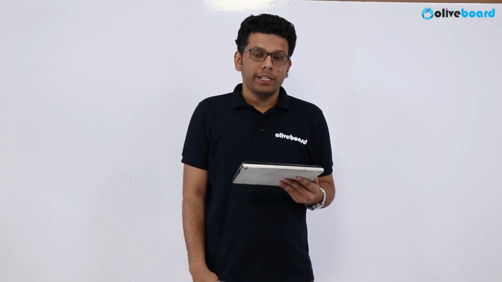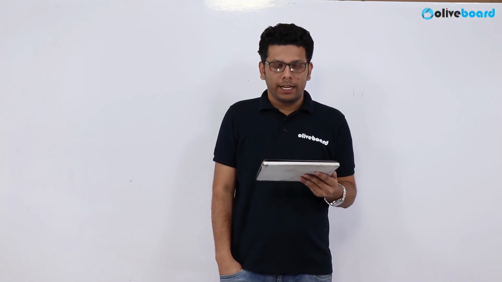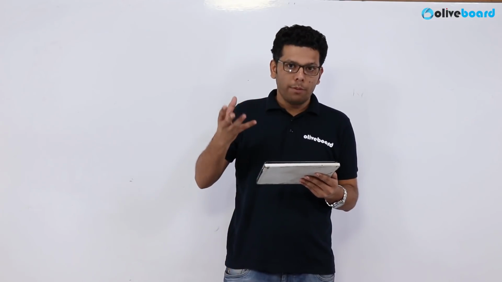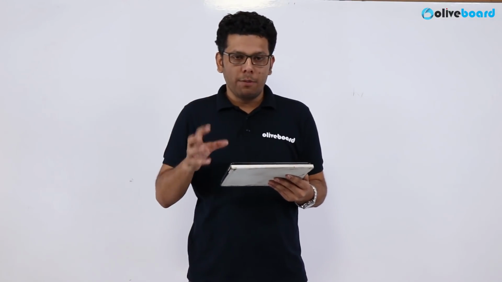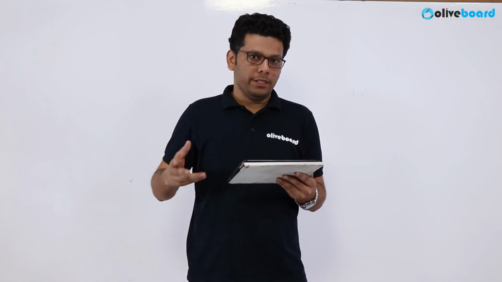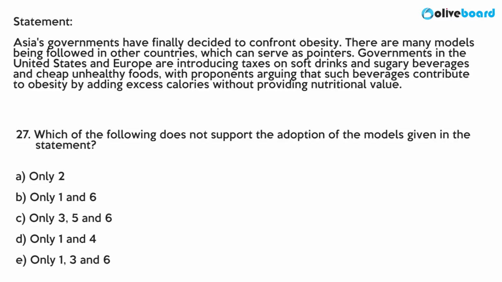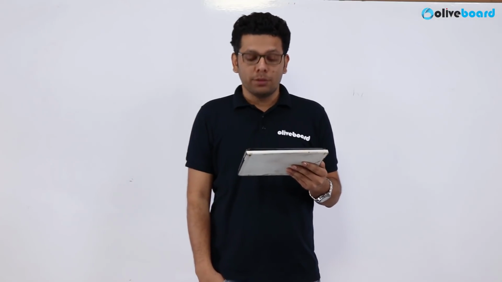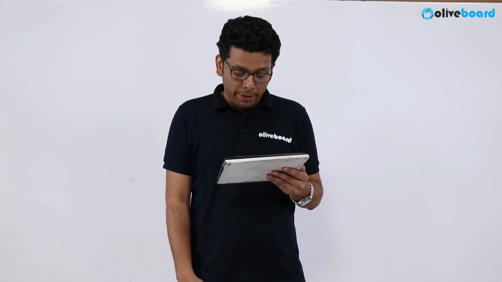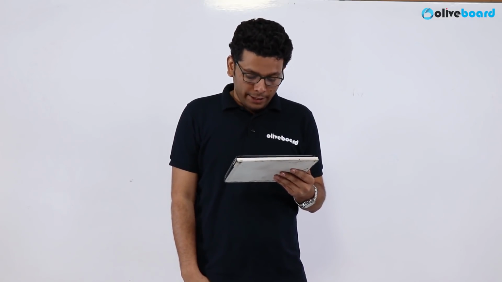Our next question is again based on the previous paragraph, about the sugary foods, taxation and obesity. In question number 27, it asks which of the following does not support the adoption of the models. That is, which one says do not adopt this model.